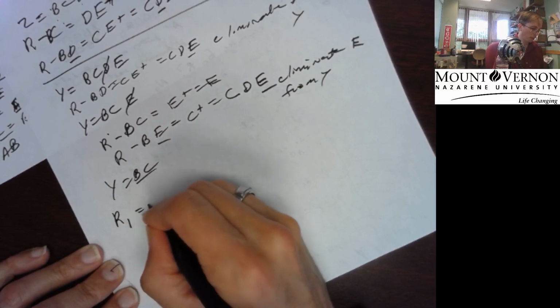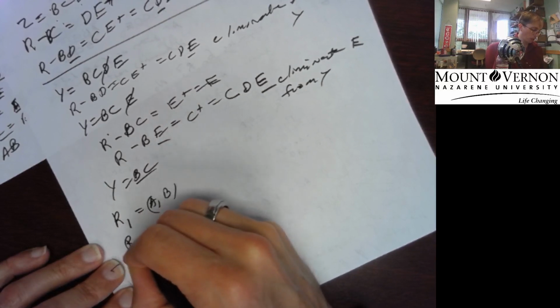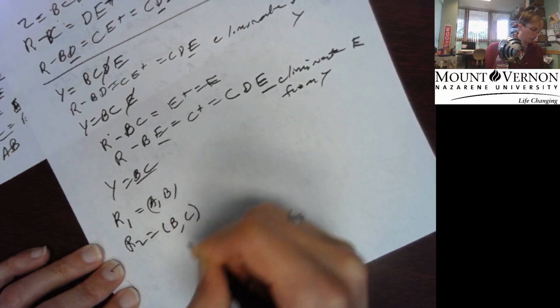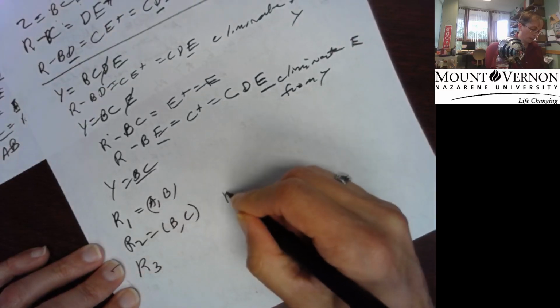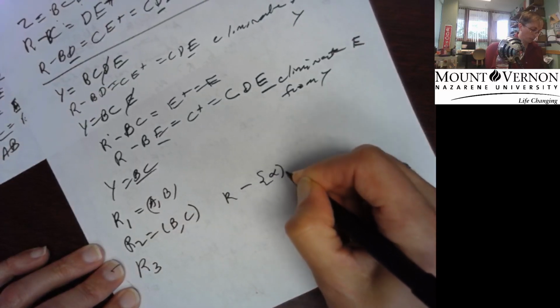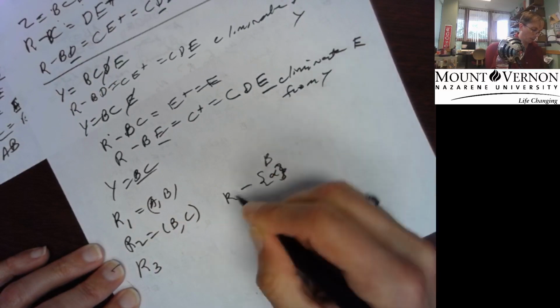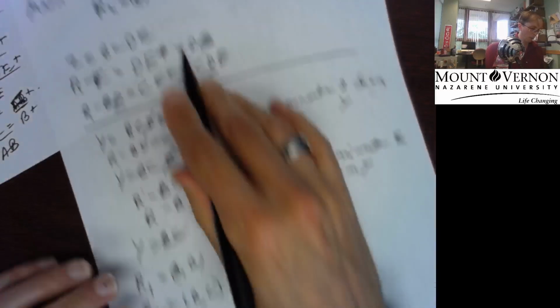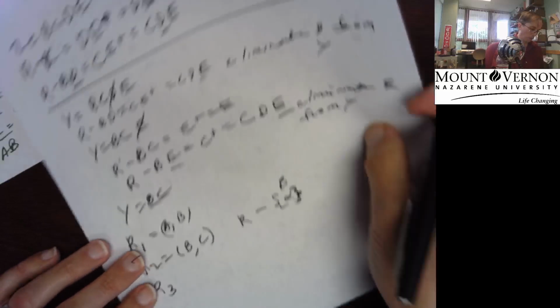So now R1 is our AB, our R2 is our BC, and our R3 is, again, going to be R minus the alpha, which is, whoops, DB, right? So from this one up here, so CDE, right?